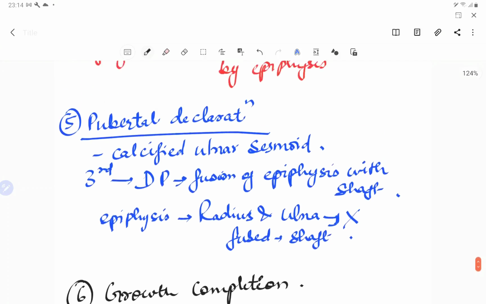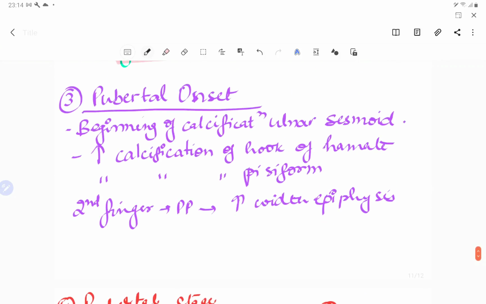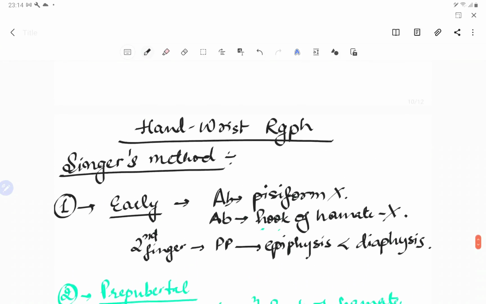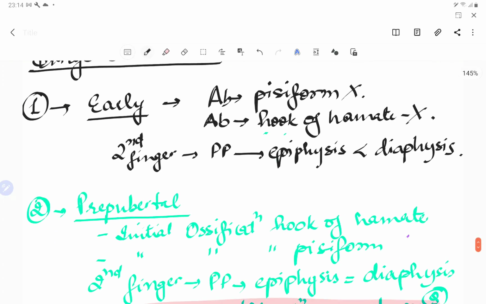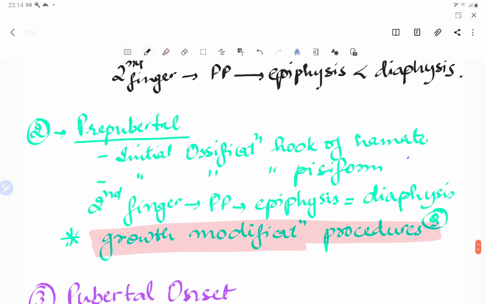Stage 1 we have talked about absence of pisiform, absence of hook of hamate, and also second finger proximal phalanx epiphysis is narrower than diaphysis. Prepubertal is before the puberty, so prior to the onset of the adolescent growth spurt. So pre means before, pubertal means puberty. So there is initial ossification.